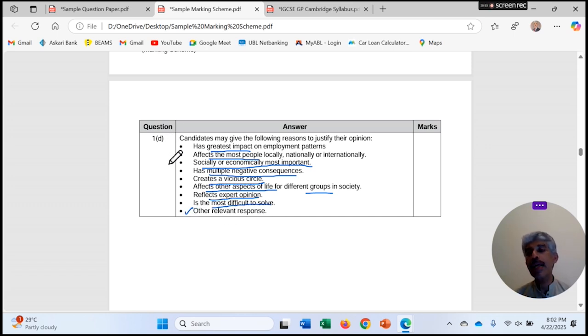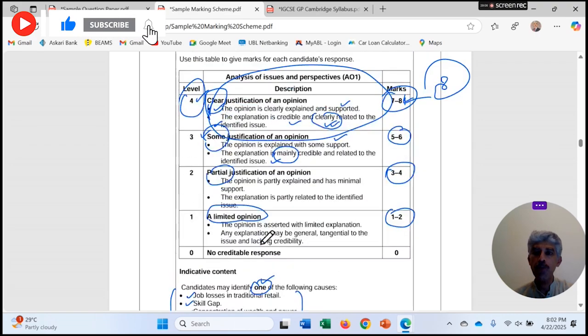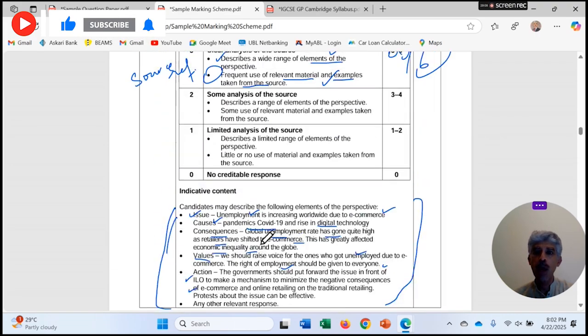So students will explain the significance of that consequence with the help of these keywords. In this way they will be able to attain those 8 marks. So this is how the students will be able to attempt question number 1.